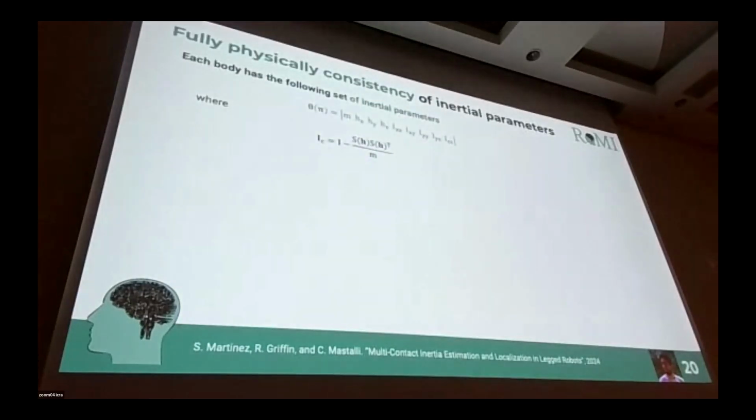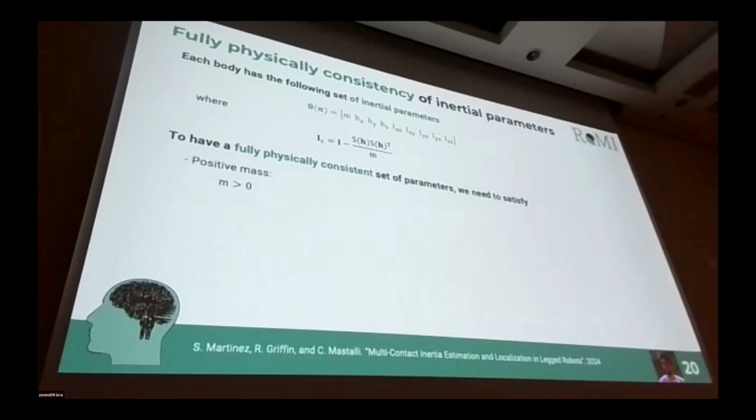And how can we do this? Well, let's first investigate what full physical consistency in inertia is. The inertial parameters are 10 parameters that describe a body's inertia. These are the mass, the barycenter, and the rotational inertia, typically expressed in the body coordinates, but you can map them into the barycenter coordinates, which is probably always more useful because they have more physical meaning, in my opinion.